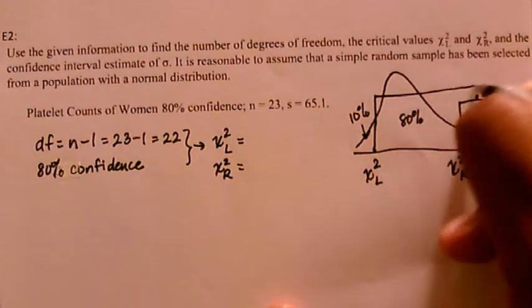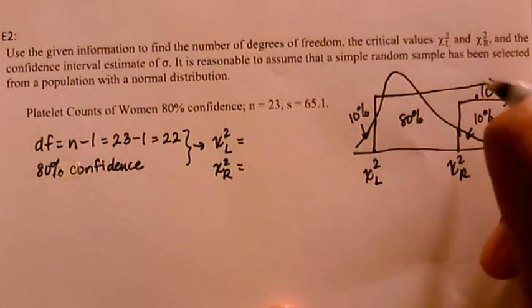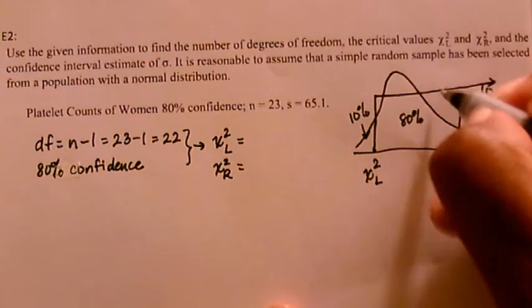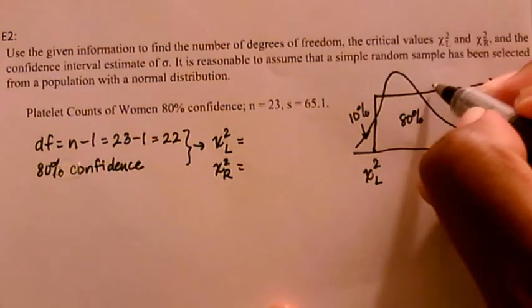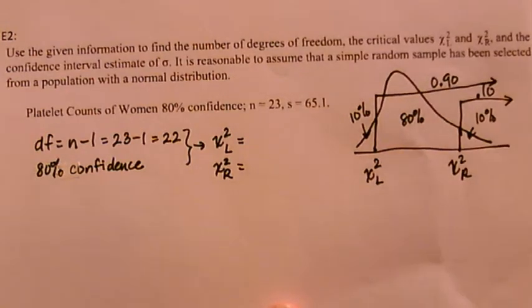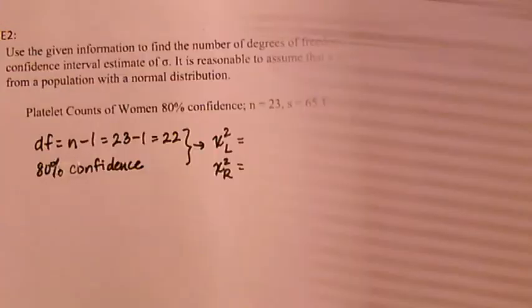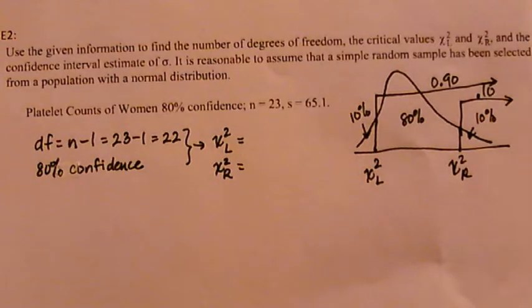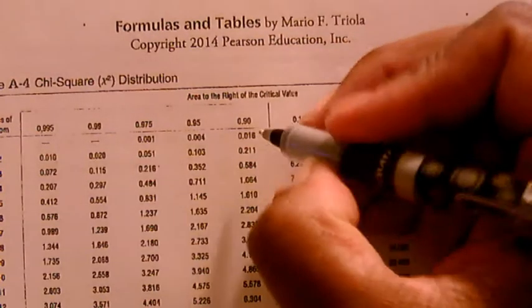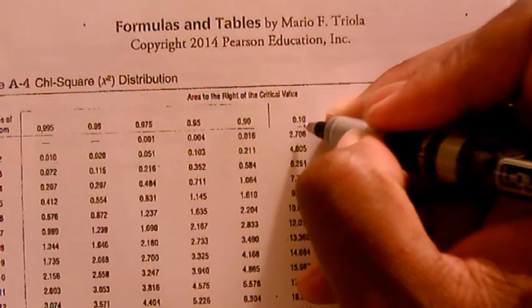But for the chi-square value on the left, that's this area to the right. 80 plus 10% is 90% or 0.90. So now, let's use table A-4. Okay, we're using 0.90 and 0.10, but this time with 22 degrees of freedom.